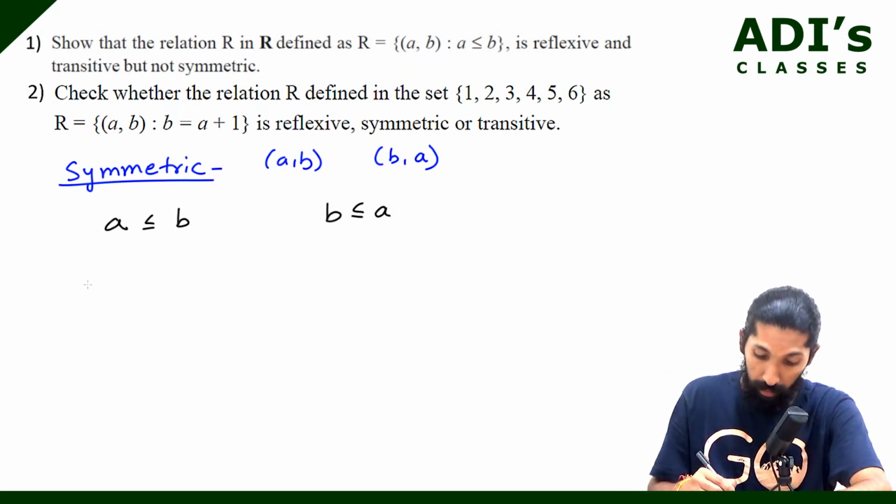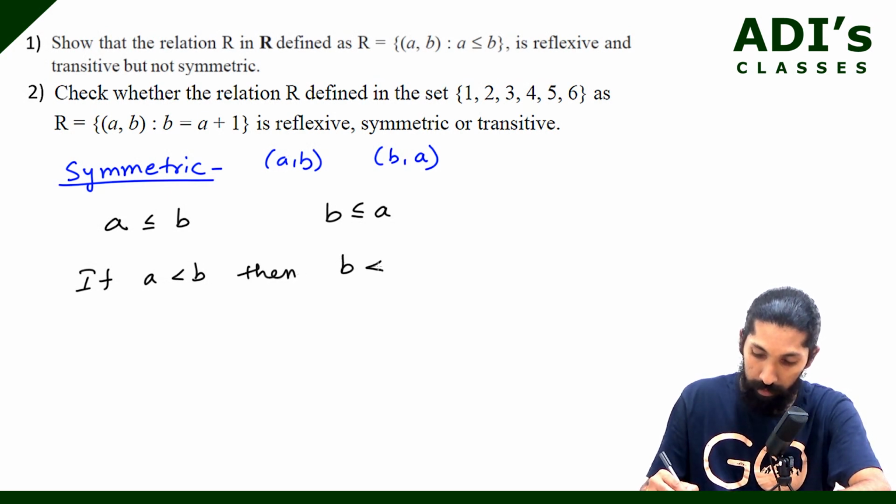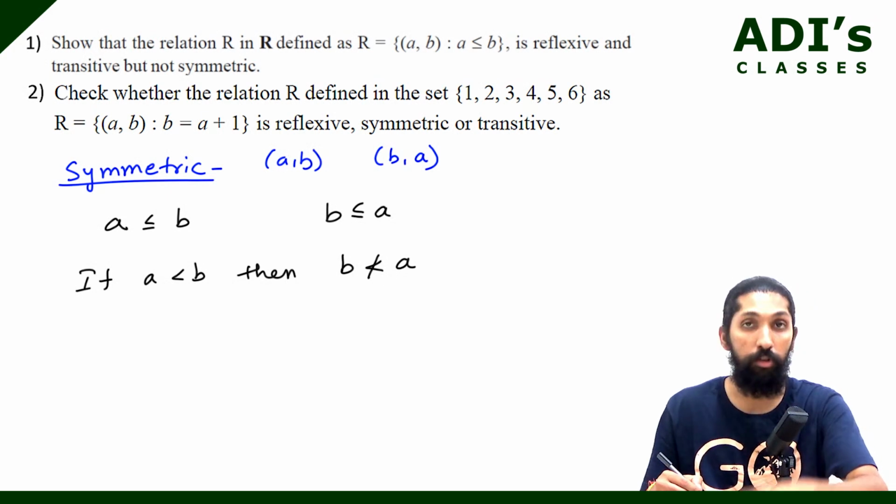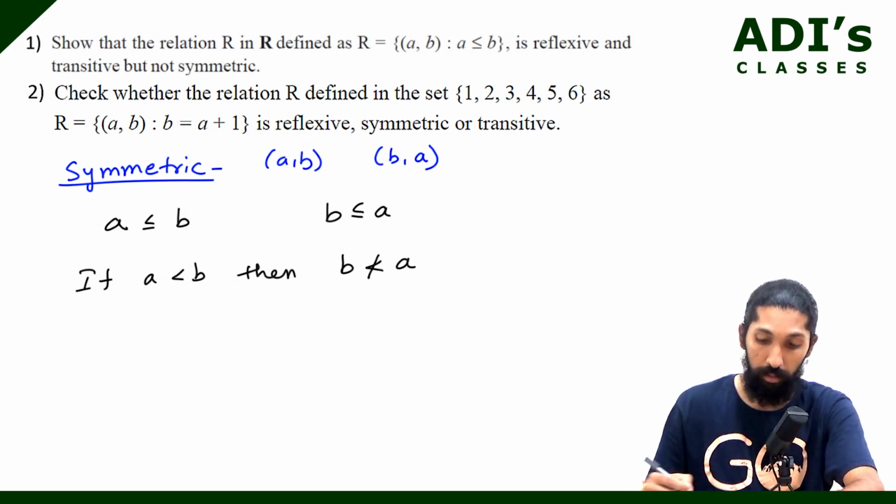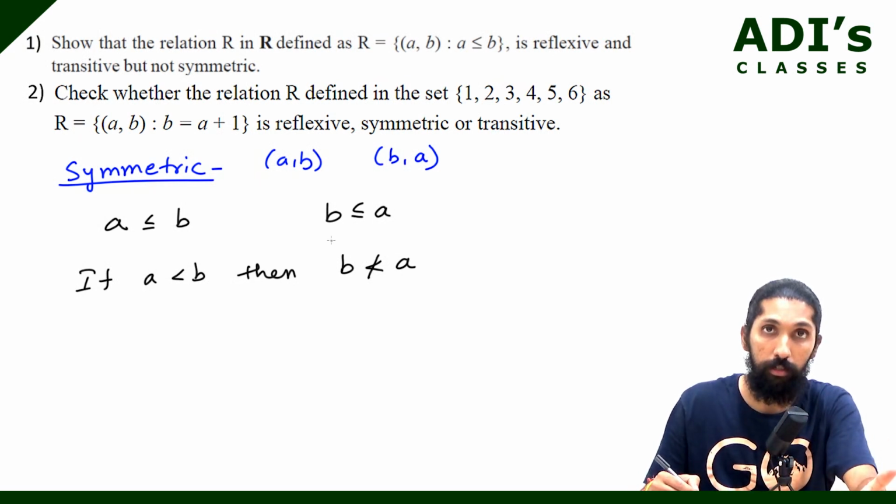That means if a is less than b, then b is never less than a. It's always greater than, correct? That means (b, a) does not belong to R, correct?